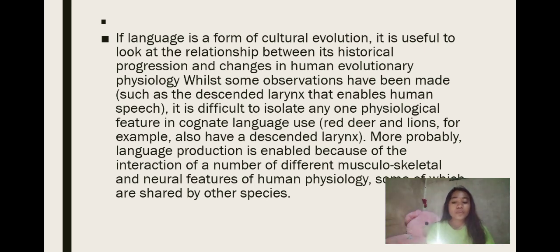Some observations have been made, such as the descended larynx that enables human speech. For example, red deer and lions also have a descended larynx. So what is a descended larynx? This is a laryngeal descent.